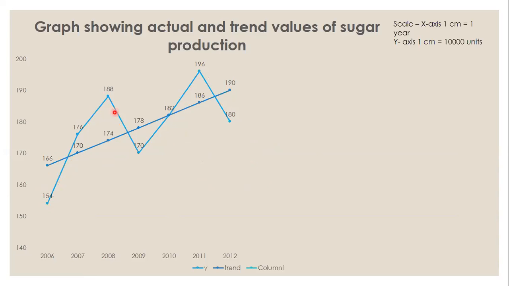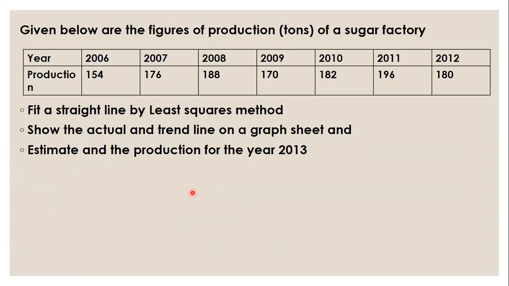Okay, so this is how you plot the graph. So we finished question number 2. First, we had to fit the straight line by least squares method. Then we have to show the actual and trend line on a graph sheet. We have done both of them. Then coming to the last question, estimate the production for the year 2013.